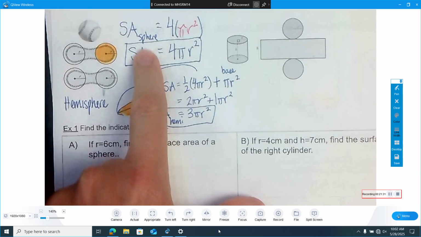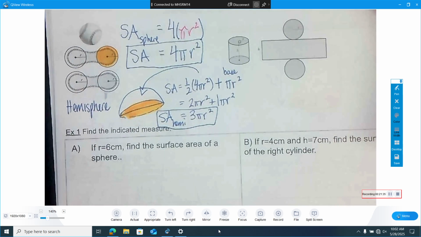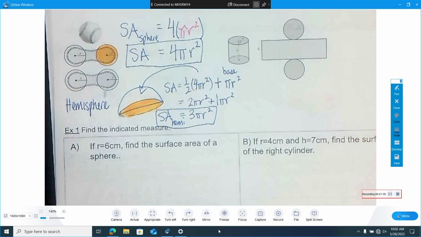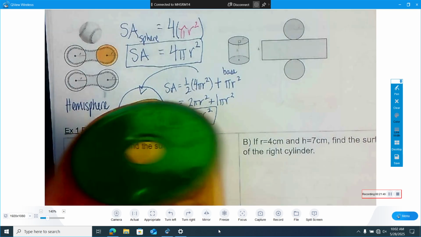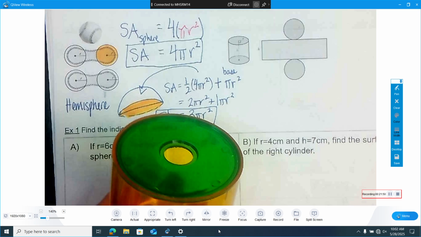All right. So we've got the surface area of a sphere and the surface area of a hemisphere. Now we need to think about the surface area of a cylinder. Okay? So here we have our cylinder, and I want you to think about a soup can. The soup can has a couple of features.